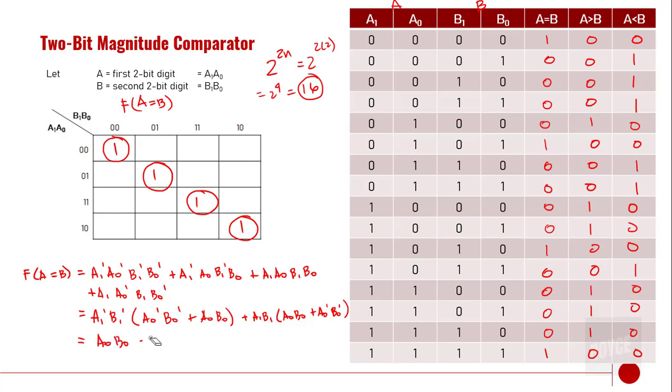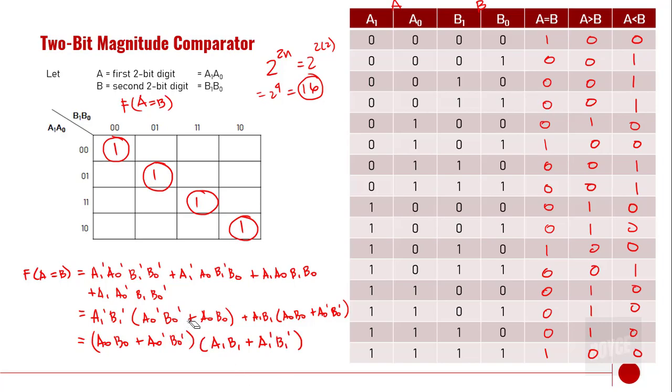A0B0 naka-OR sa A0 prime B0 prime. Tapos, itong dalawa, A1B1, naka-OR sa A1 prime, B1 prime. Tama? A1B1 naka-OR sa A1 prime, B1 prime.